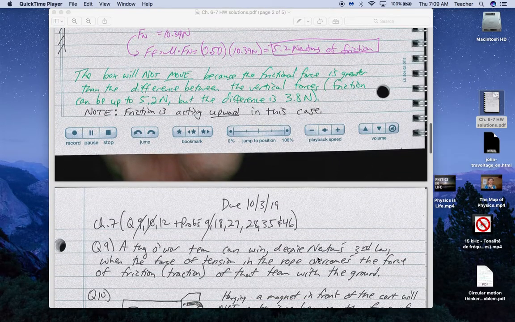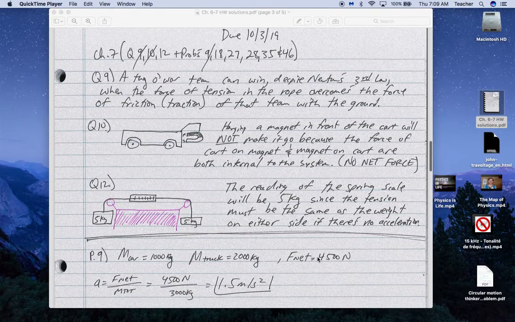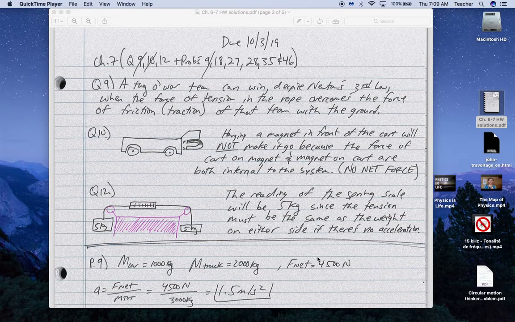Hey, there's my hand. For chapter 7, these 3 questions are pretty straightforward. So question about a tug of war, question about a toy with a magnet on it, and about a spring scale. This one's basically due to the fact that the magnetic interaction with the cart is an internal force to this whole system.